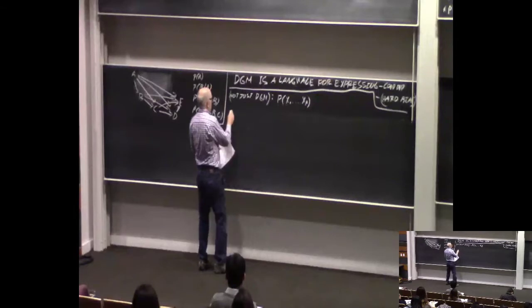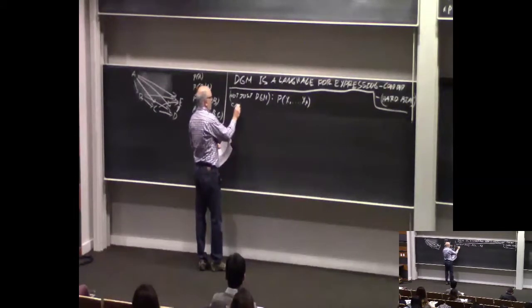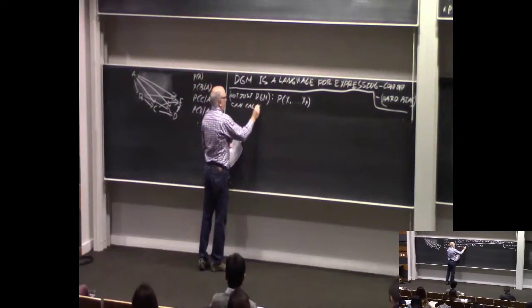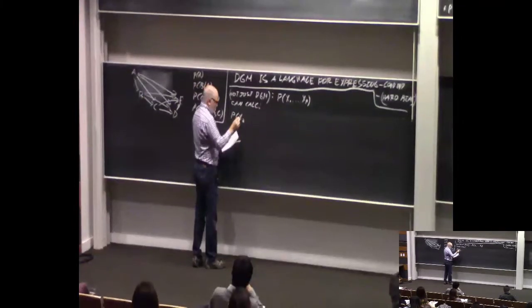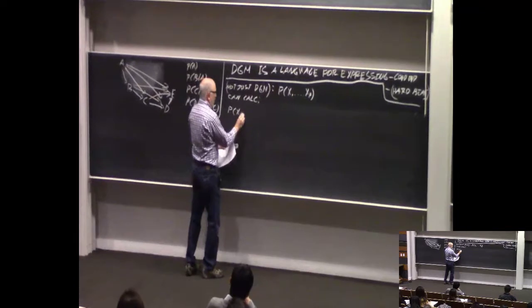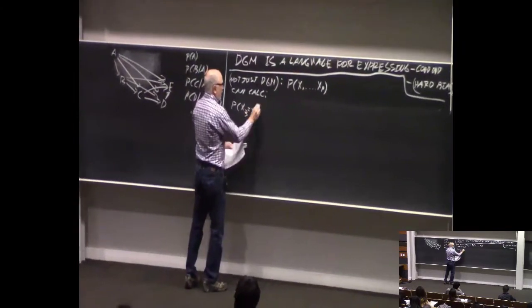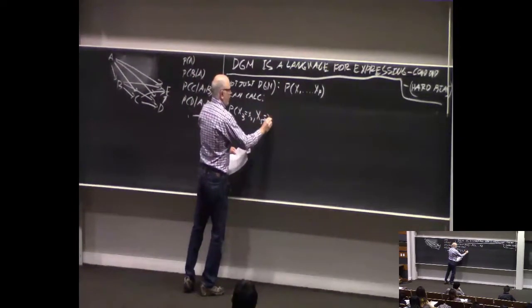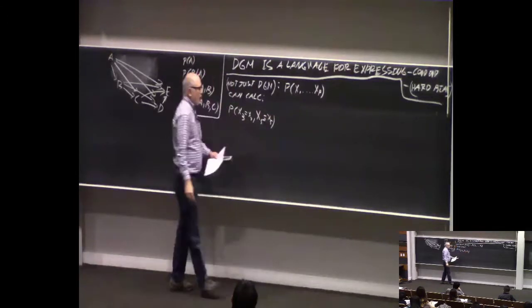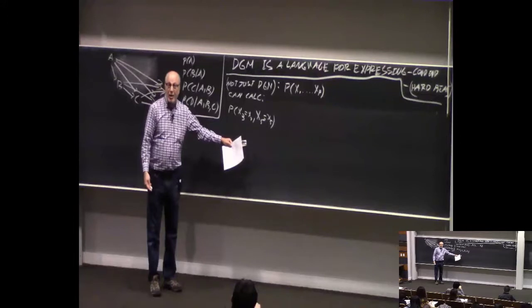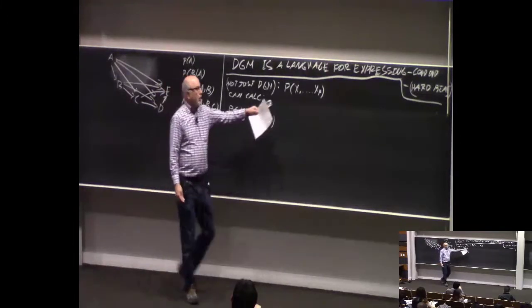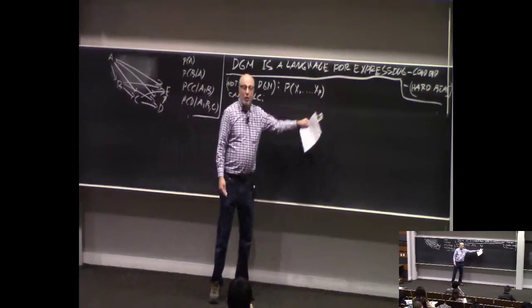So, for example, you can calculate any subset of these. For example, P of x3 equals some little x3, and x5 equals some little x5. You can calculate the probability of this thing by marginalizing away all the other variables.